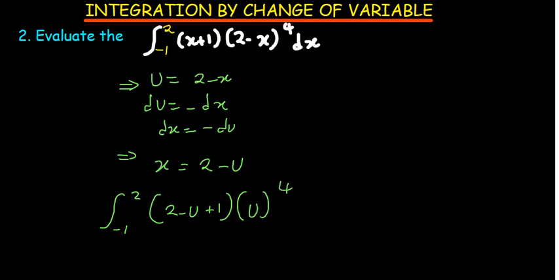Where there is dx, we are putting negative du, and we can simply take this negative in front of the integral, so that it will be negative the integral of 2 and negative 1, and 2 plus 1, that is a 3, then minus u. We also have u to the power 4 outside, and then du.